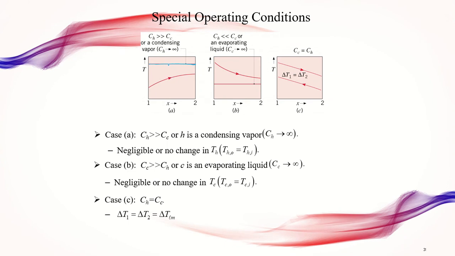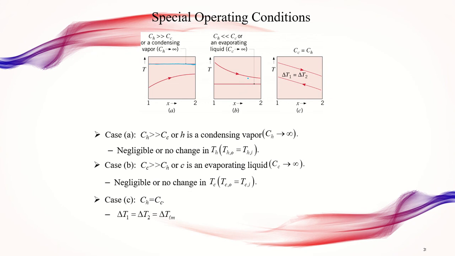However, the temperature of the hot side is constant. So we will know that the hot side is actually a condensing vapor, and CH would be very, very high. So we can assume that it's approaching infinity. So we can say that there is negligible or no change in TH, meaning that the inlet and outlet temperatures for the hot side are the same.